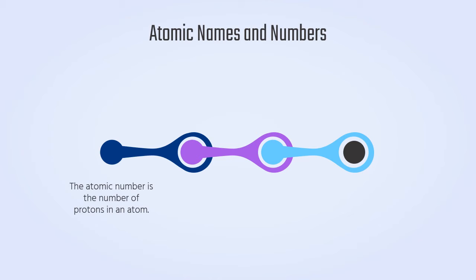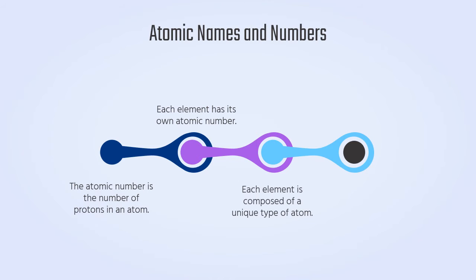The atomic number, remember, that is the number of protons in an atom. So the atomic number of an element is equal to the number of protons. If you know the number of protons, you know the atomic number. If you know the atomic number, you know the number of protons. Each element has its own atomic number, and this is because each element is composed of a unique type of atom. So each atom has its own number of protons.